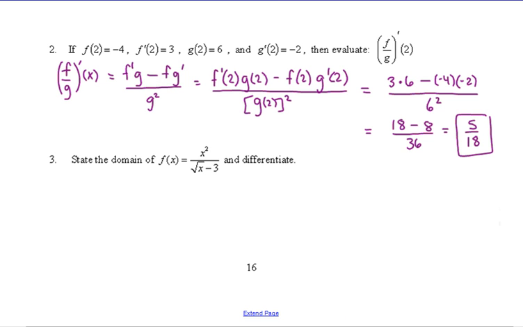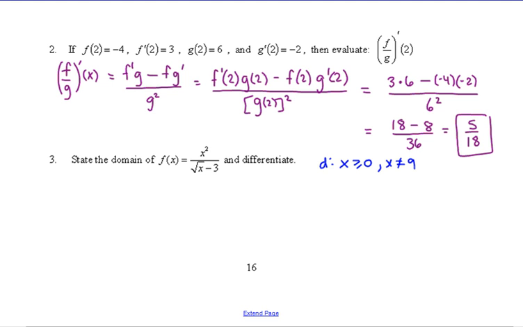What's the domain? X has to be greater. Can it be equal to 0? Yes, it can. Is there anything it can't be that's greater than 0? It can't be 9.